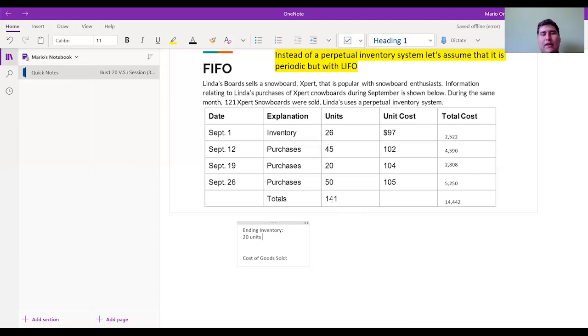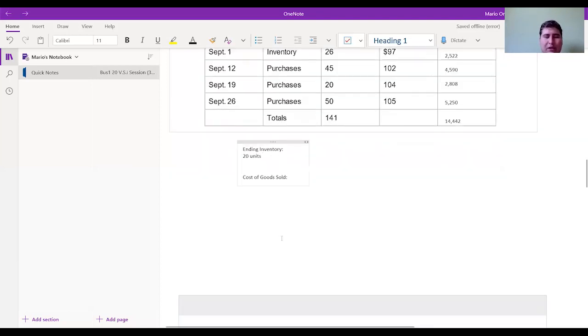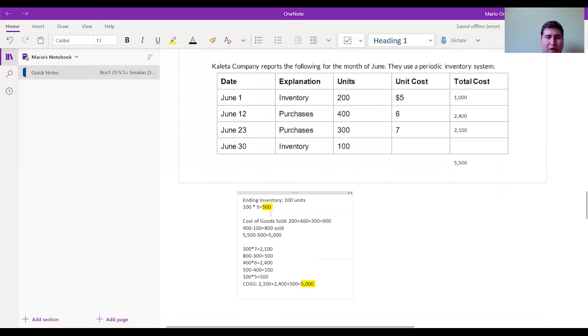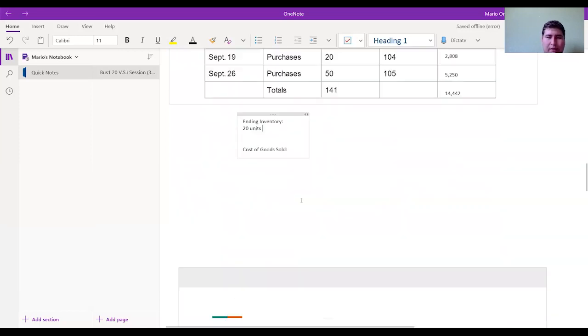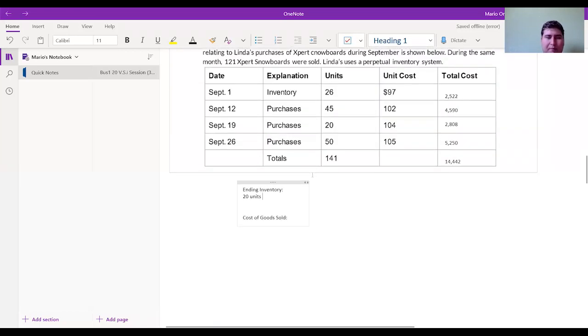20 units. So in our ending inventory, we have 20 units. And much like we did in this problem here, we can simply use the topmost layer, and then do those 20 units times the top cost, which would be $97. That'll give us an ending inventory of 1940.